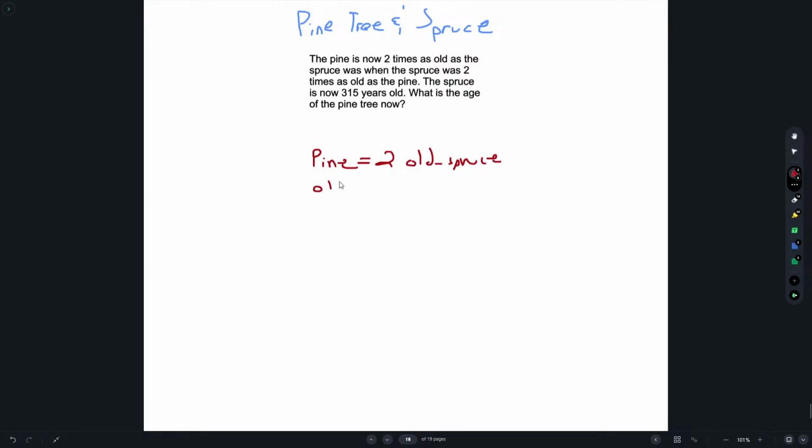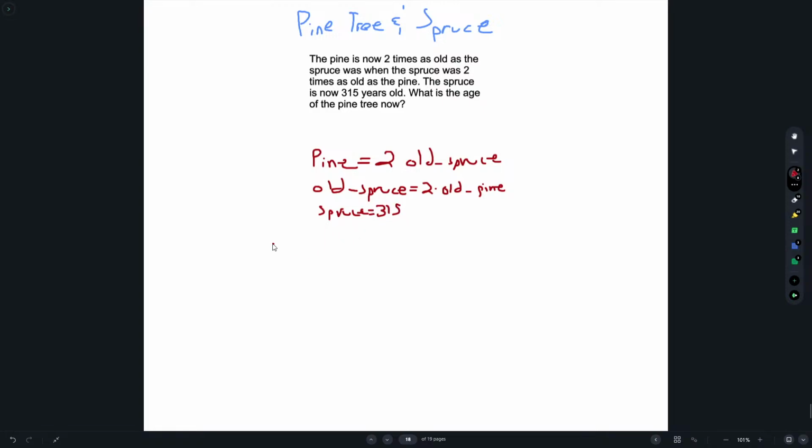And the old spruce is equal to 2 times old pine. Spruce is 315 now.